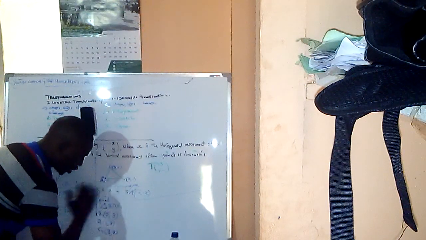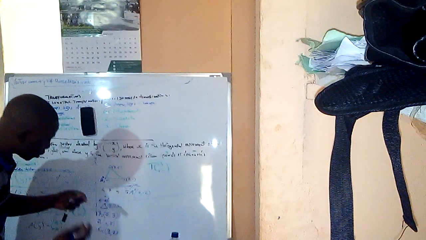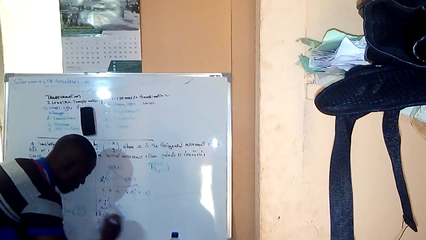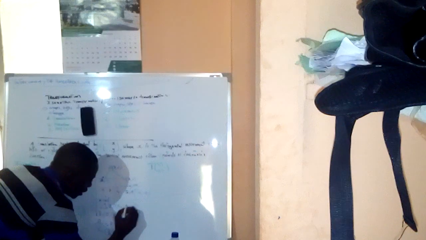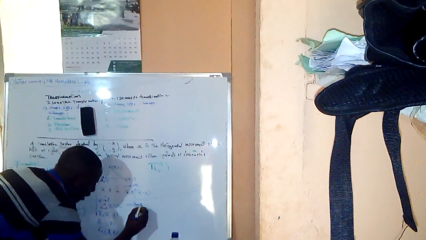The last part on translations is whereby we make what we call the description of the translation. So how do we describe a translation?